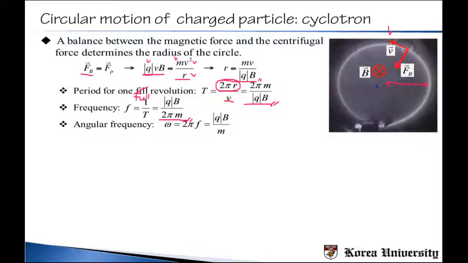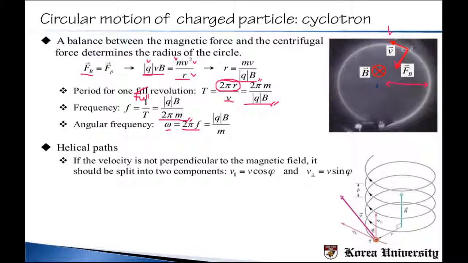And how about angular frequency? Angular frequency is similar, but if frequency is about how many times, angular frequency is about how much angle. One repetition corresponds to 360 degrees or 2 pi. So simply multiply the frequency by 2 pi, and you will get the angular frequency.